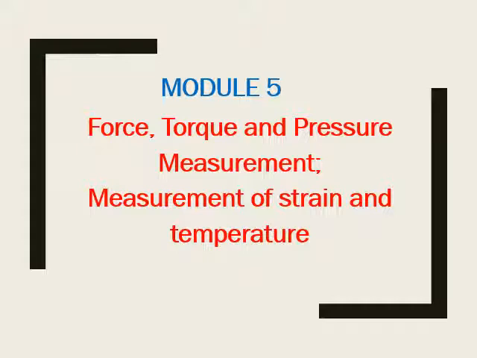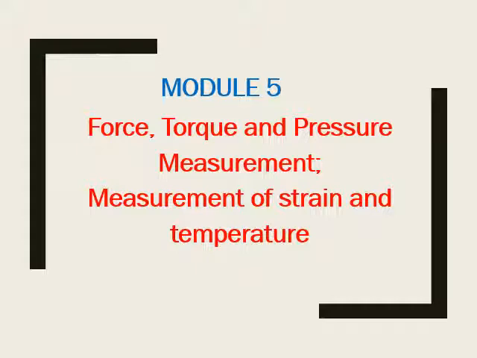I am not considering volumetric strain here. Let me restrict myself to the basic definition of change in length to the original length, based on which the strain gauges are designed. Based on that, I am going to discuss here.